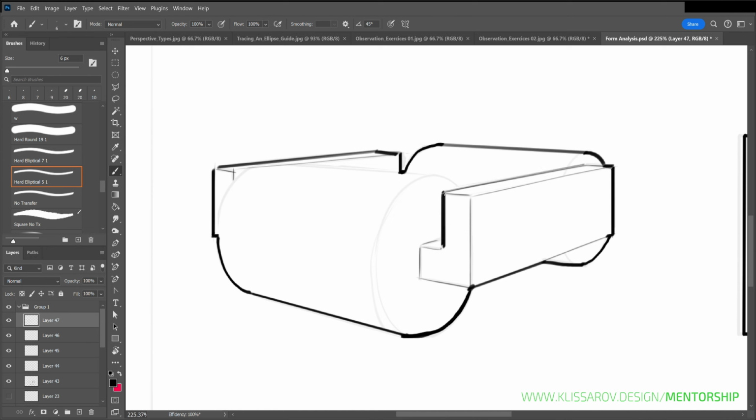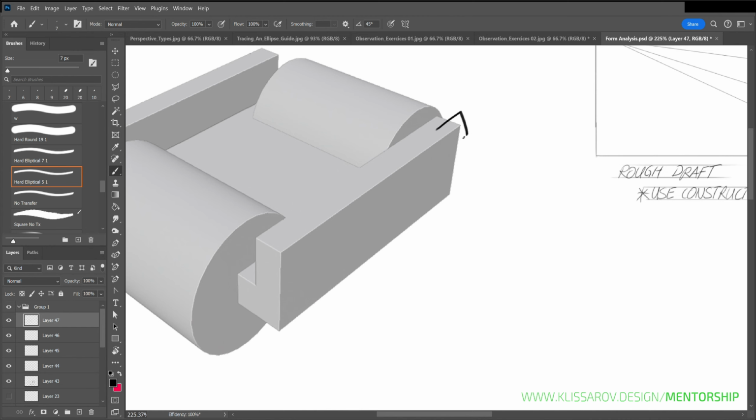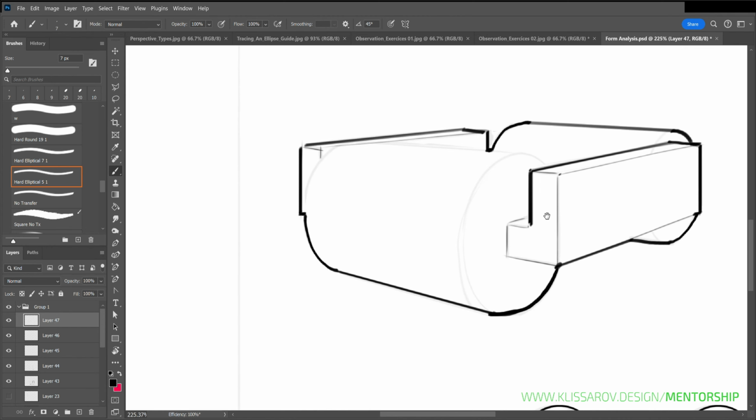Okay. Here, this one is the same because there's a surface going this way and then this way, and it goes behind. Now this line here is not thick because we can see the change of surfaces. So this is also thick because at the end of it there's a change and it drops down.